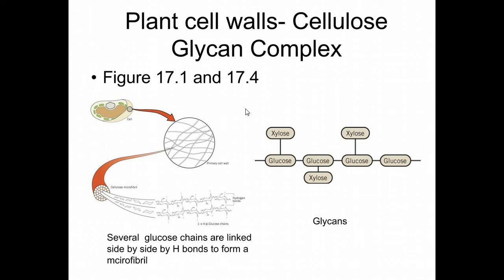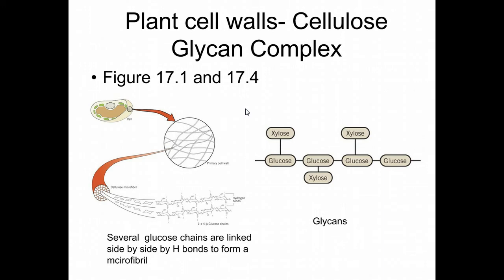So basically, if you were to look at it, every other sugar entity is turned upside down. And then, and we'll talk about starch again, the plant stores glucose as starch with exactly the same structure, except it's an alpha instead of a beta.